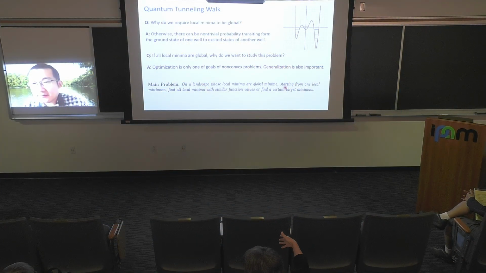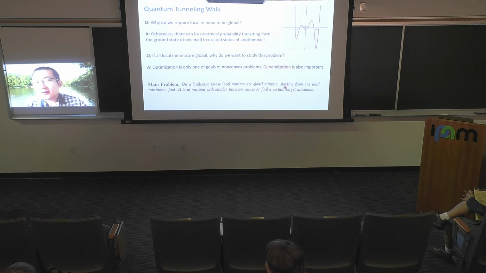It's a unitary evolution. Yes, it is a unitary evolution. So the tunneling goes one way, and the tunneling goes the other way as well. So as time goes by, are you expecting the wave function will be focusing more and more on the global minimum? I'm a little bit lost here, but it won't.